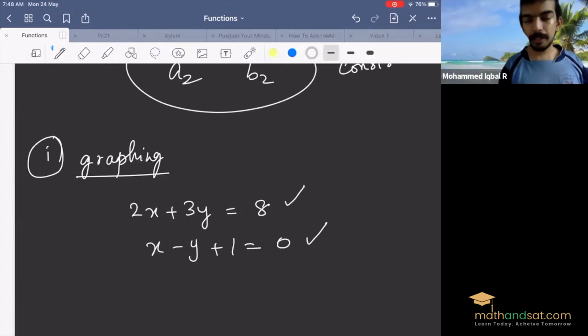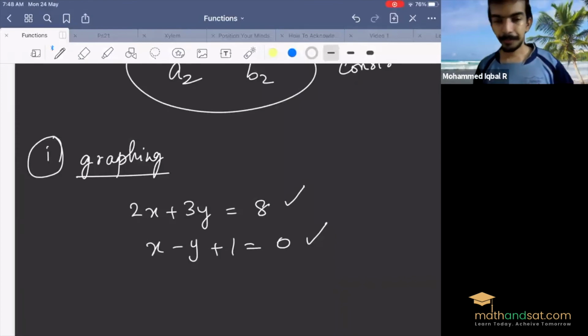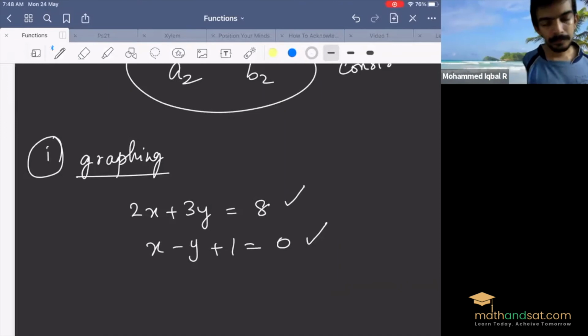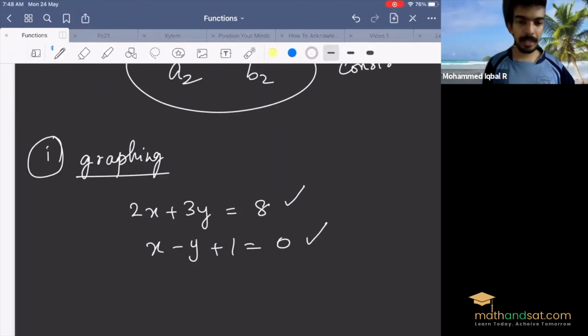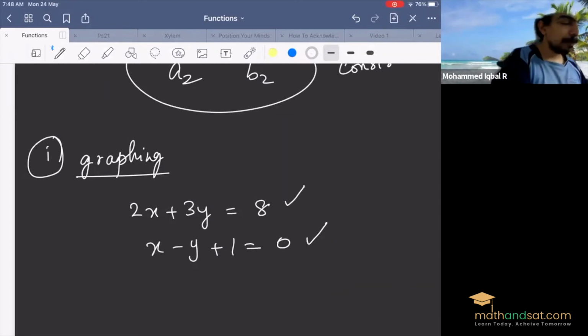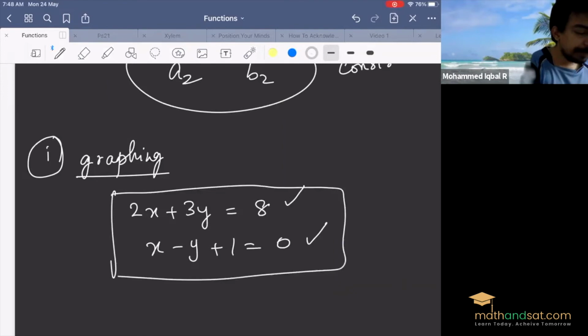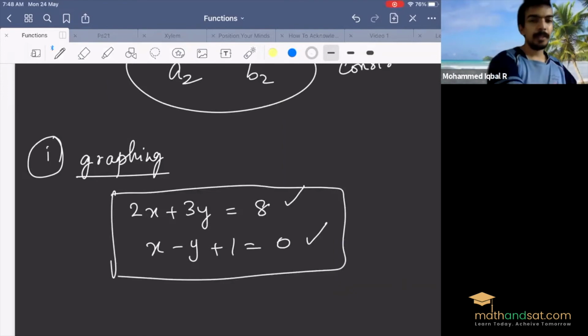Do you have a graphing calculator with you? Or do you have a graphing software? If yes, can you just plot this on a graph and tell me what the solution is?